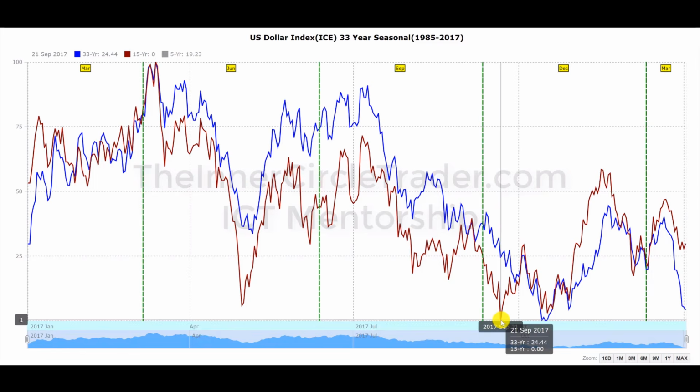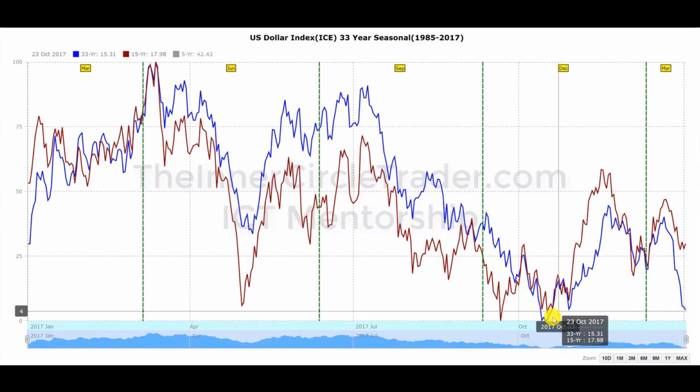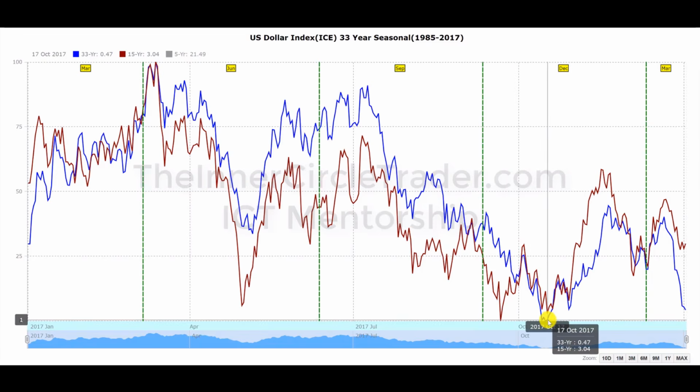Now, on weaker years, in other words, when it maybe isn't so bullish, if you will, it may take as late as mid-October to show the seasonal tendency come to fruition for a bullish dollar. With that said, it's not important that we split hairs about the specific date, because it just gives us a window of opportunity to look for technicals to come in alignment with that.